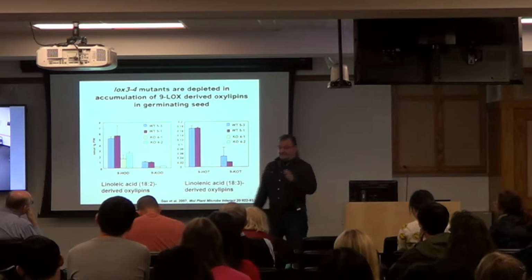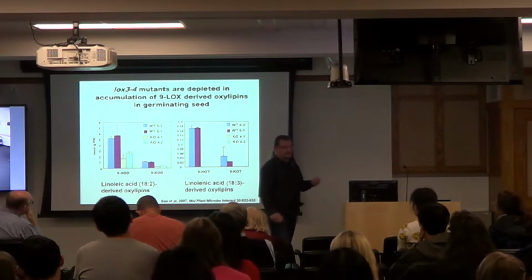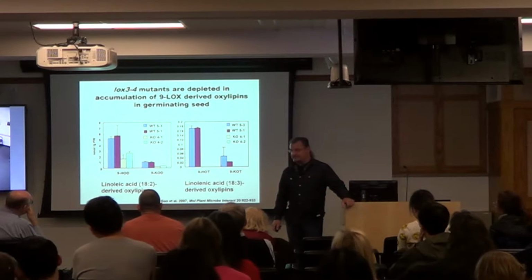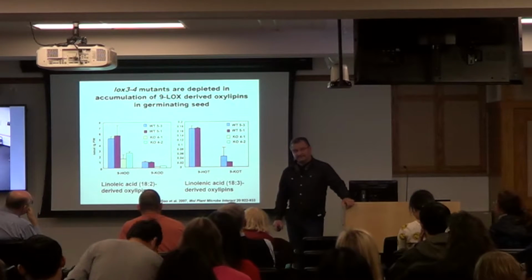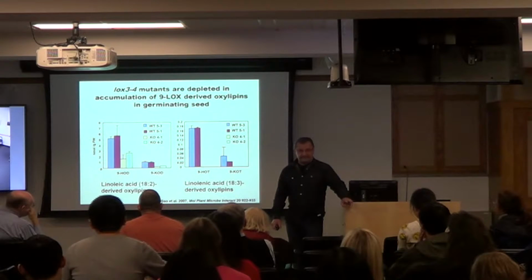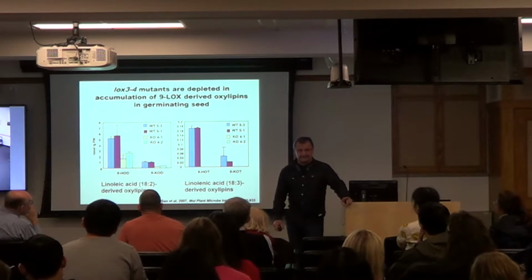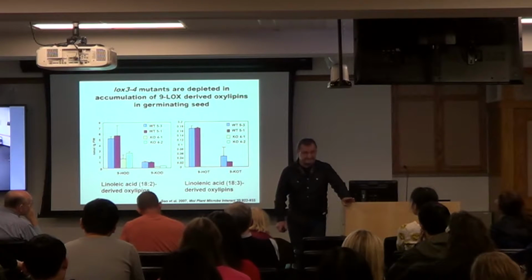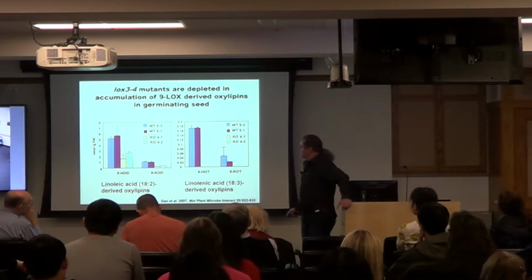So, let me tell you what we found so far towards testing that hypothesis, that oxylipins produced by the plant may, in fact, have two different effects on mycotoxins: either induce mycotoxin synthesis by the fungus or suppress it.